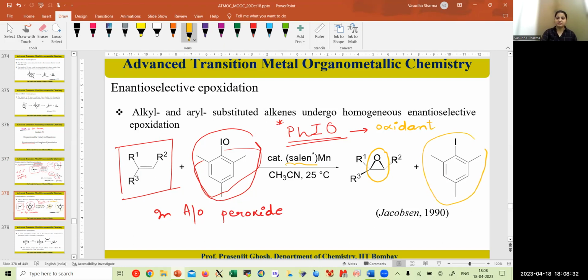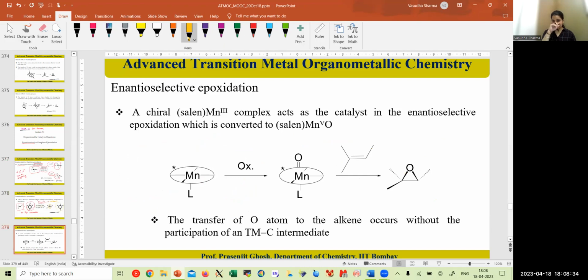So how is this mechanism occurring? A chiral salen manganese(III) complex acts as the catalyst in the enantiomer selective epoxidation, which is converted to the salen manganese(V) oxo. Here we have the species. This is our catalyst. The star represents the chiral ligand, and here the ligand is salen.